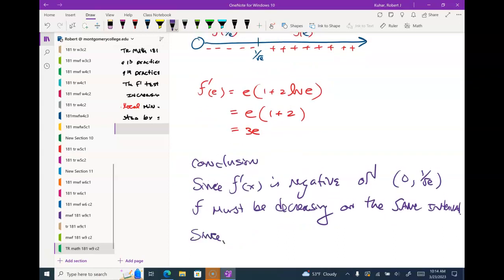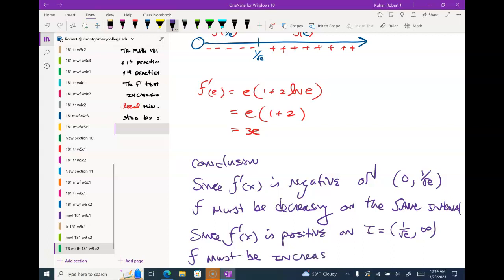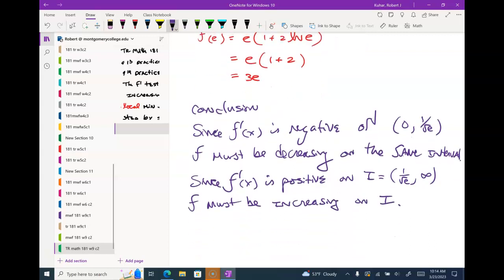Since f prime of x is positive on the interval, and I'm just doing this a couple of different ways every time I do one so you can see you have options, on the interval I equal to 1 over square root of e, comma, infinity, f must be increasing on I. Right?